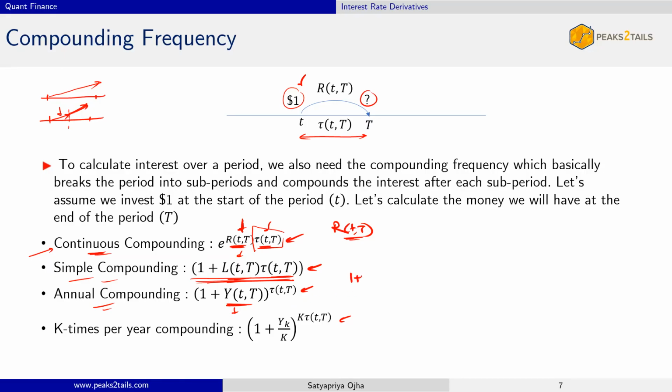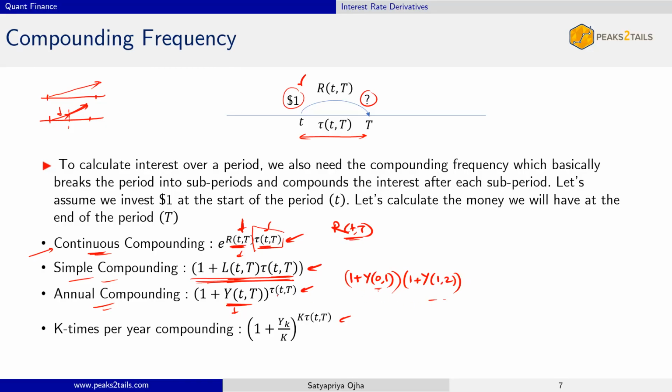In the first year, you will grow your money from 0 to 1, and this is how much you'll have at the end of the first year, based on the rate applicable for the first year. In the second year, you'll earn interest on top of the amount you already accumulated, so 1 plus Y from first year end to second year. And you keep doing that.